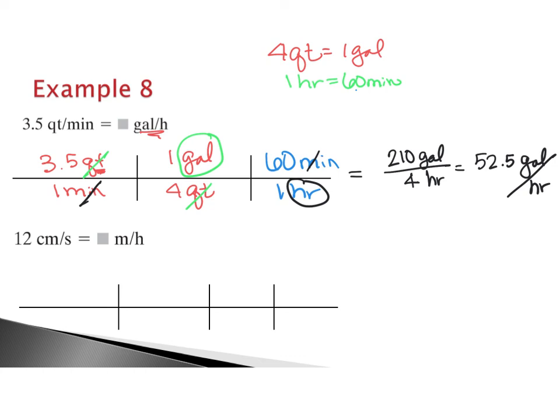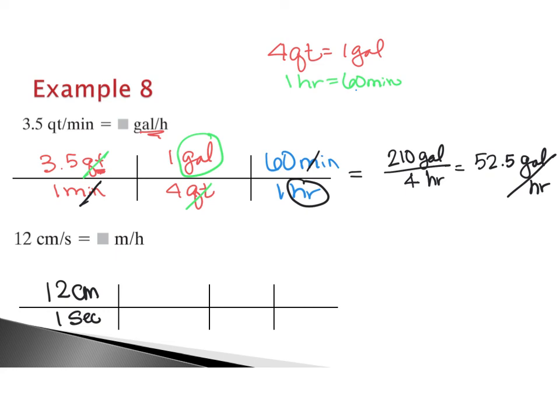Okay, and for the last part, I'm told that I have 12 centimeters per second, and I want to go into meters per hour. So again, I'm going to start out with what I know. I have 12 centimeters for every 1 second.